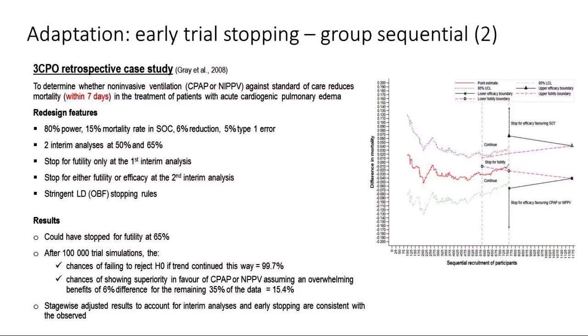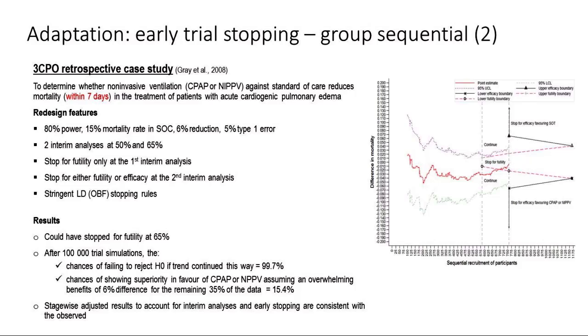In this trial, the researchers said to me, hang on, at the first interim analysis we don't want to stop the trial for efficacy, because if the treatment is effective, we need to wait longer to make that decision. We want to stop early only when the treatment is not good enough. So at this first interim, you're only allowed to stop for futility.